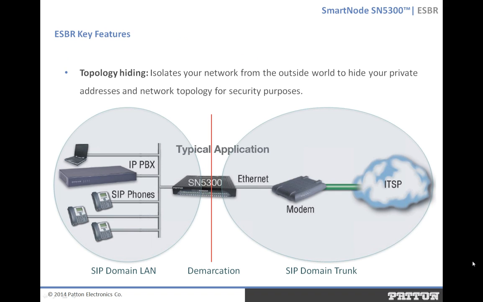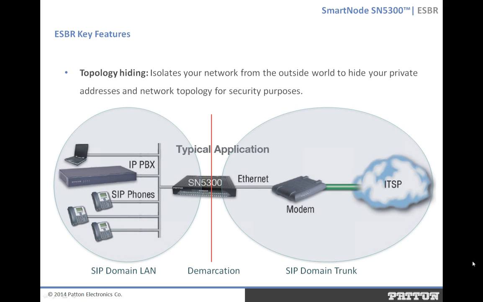Good. Some more of the ESBR key features: topology hiding. That's basically the right word to explain what the 5300 can do as well. So again, the 5300 is representing a demarcation point in terms of VoIP traffic at this stage, as illustrated here.